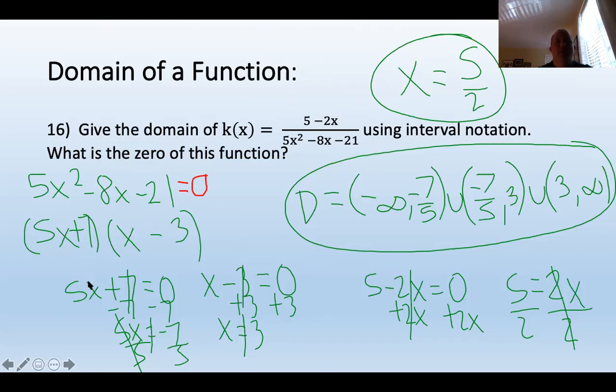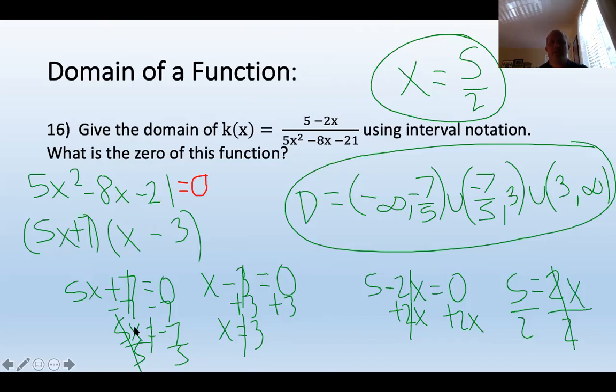Now we want to set our factors equal to 0. So we'll set 5x plus 7 equal to 0. And we'll set x minus 3 equal to 0. And we'll solve for x. So the first step in 5x plus 7 equals 0 is to subtract 7 from each side to cancel the 7 out. You'd get 5x equals negative 7.